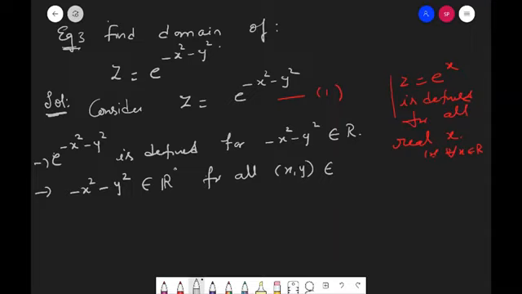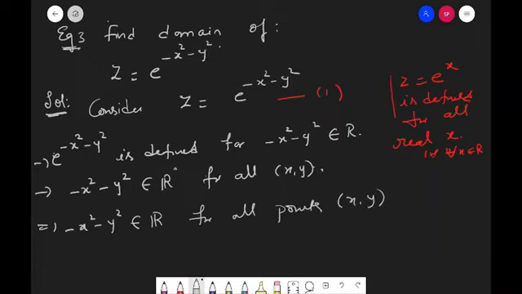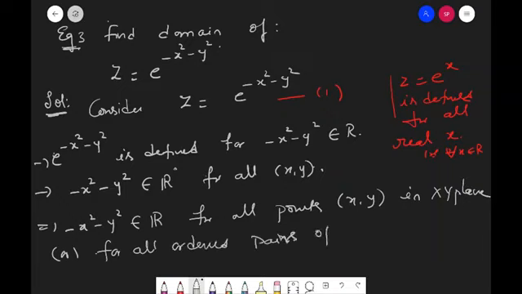That implies minus x square minus y square belong to R for all points x comma y in the xy plane, or for all ordered pairs of real numbers x comma y.